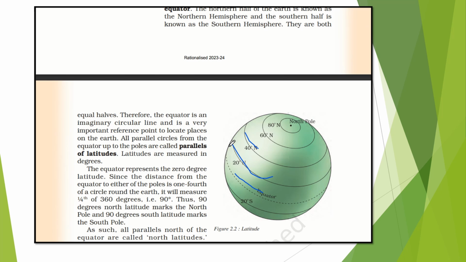Latitudes are measured in degrees. You can see here 20 degrees north, 40 degrees north, 60 degrees north, 80 degrees north. If you go down, in the same way, 20 degrees south, 40 degrees south, 60 degrees south and 80 degrees south. So it is measured in degrees.